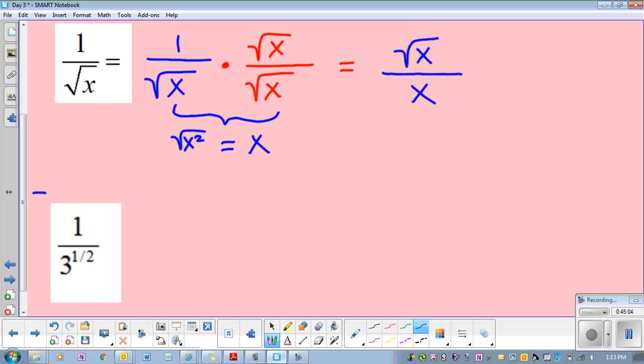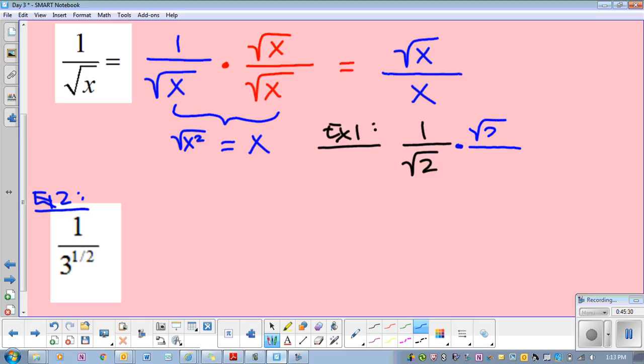So this is example 2. Let me do example 1. I'm going to put example 1 over here, okay? 1 over the square root of 2. Let's rationalize that denominator. So then what you're going to do is multiply it by the square root in your denominator, on the top and on the bottom.